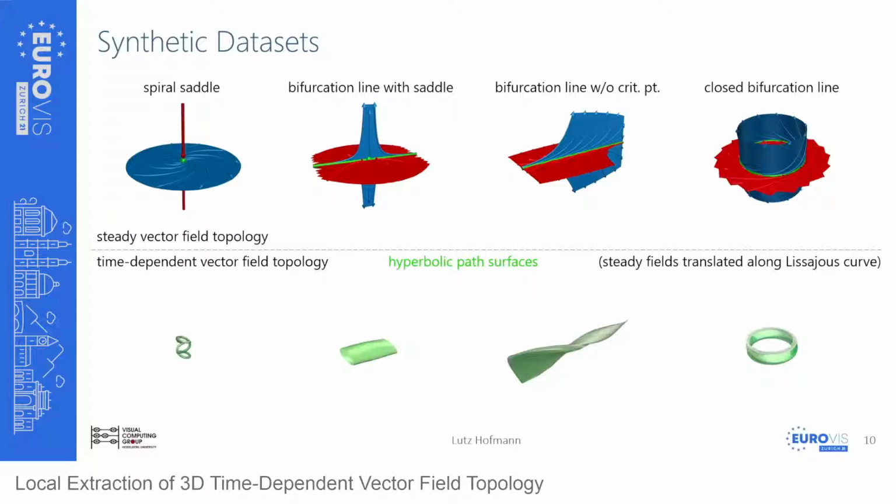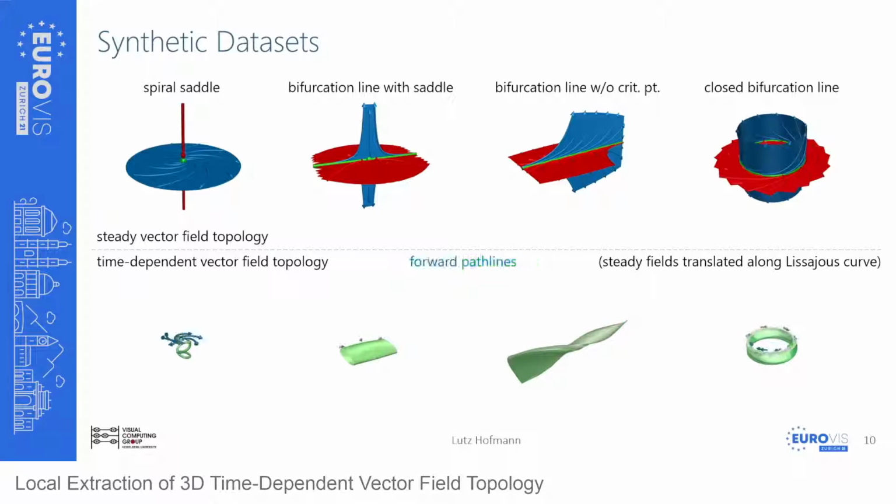Now we take these steady vector fields and make them unsteady by translating them along a curve, and the unsteady counterpart of our steady topological structures are hyperbolic trajectories and hyperbolic path surfaces as shown below.